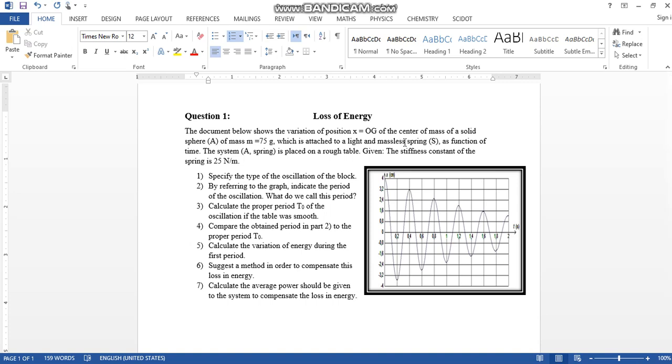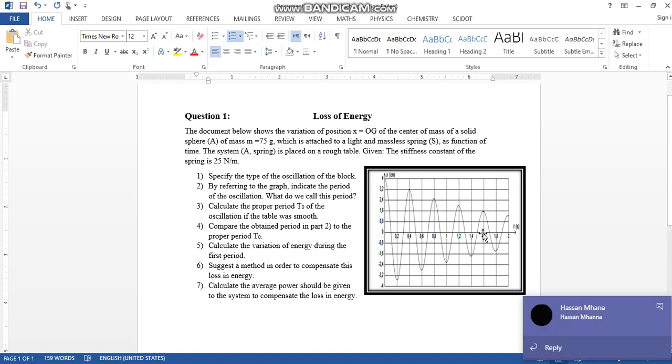Rough table means that friction exists in this case. The stiffness constant of the spring is equal to 25 Newton per meter. The first question: specify the type of oscillation of the block.